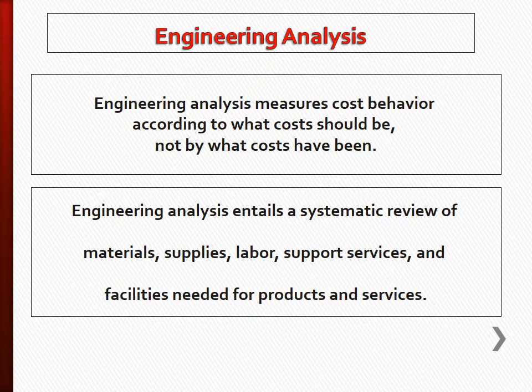Engineering analysis is simply analysis that measures cost behavior according to what costs should be rather than what they have been in the past. So literally, engineers such as industrial engineers would do a systematic review of materials, supplies, labor that go into producing a product, as well as support services such as purchasing, accounts receivable, information technology support that are needed to support production and sales, and the facilities needed for production and sales.